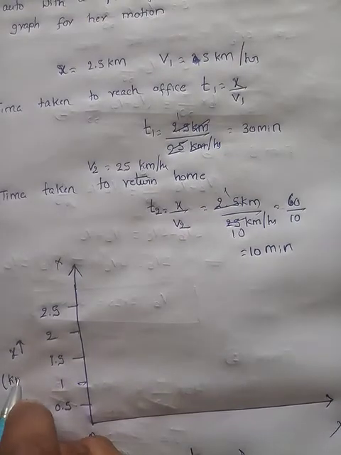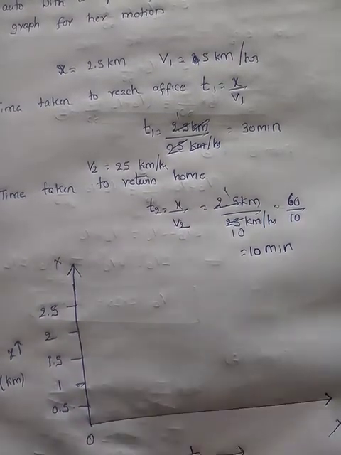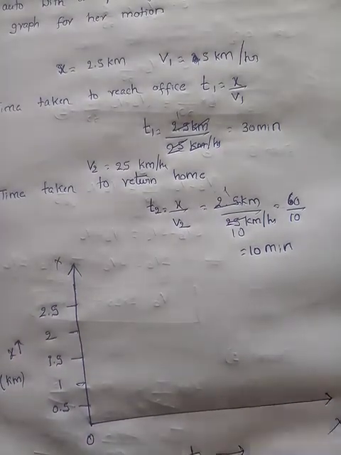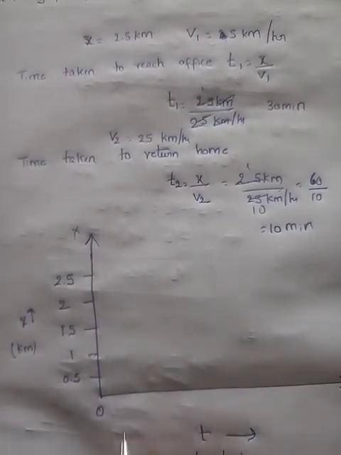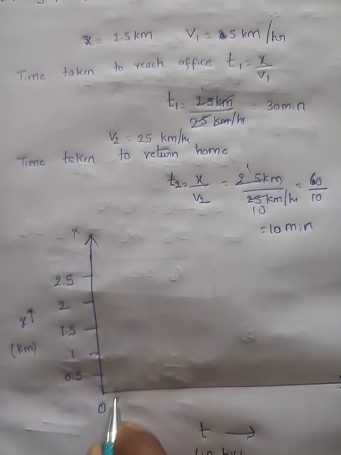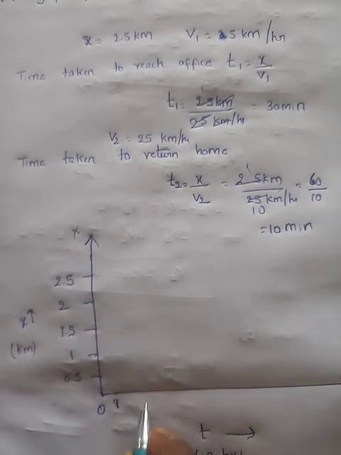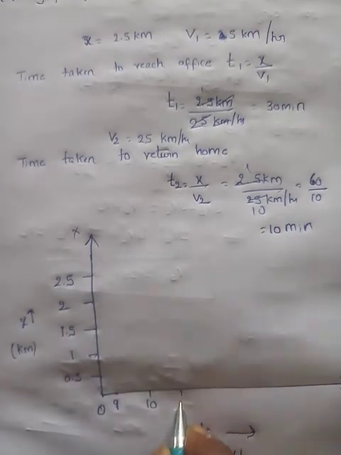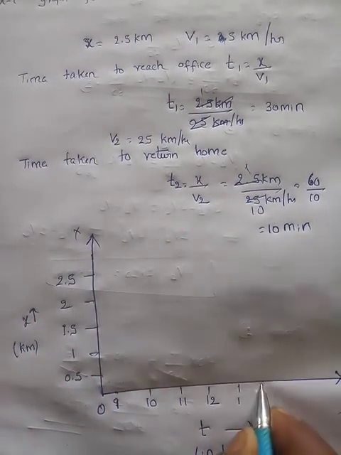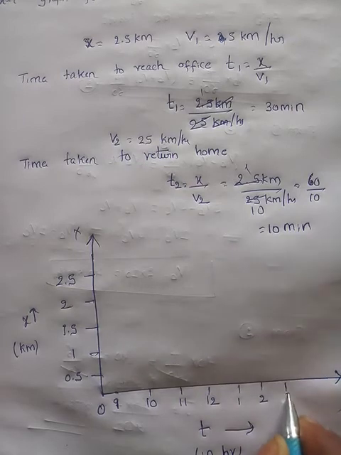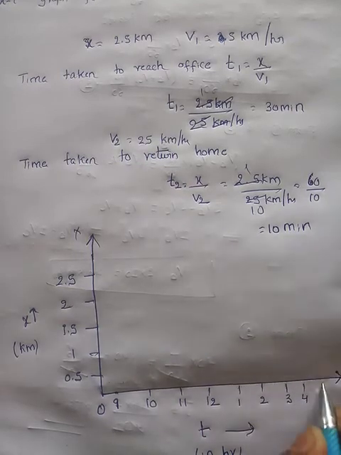The distance is measured in kilometers. Time we are measuring here in hours. She started her journey from 9 o'clock, right? Assume that 9, 10, 11, 12, 1, 2, 3, 4, 5.